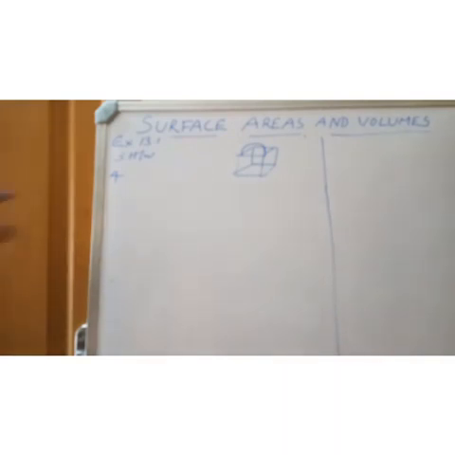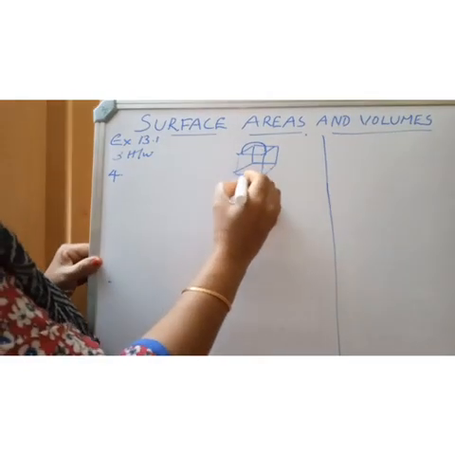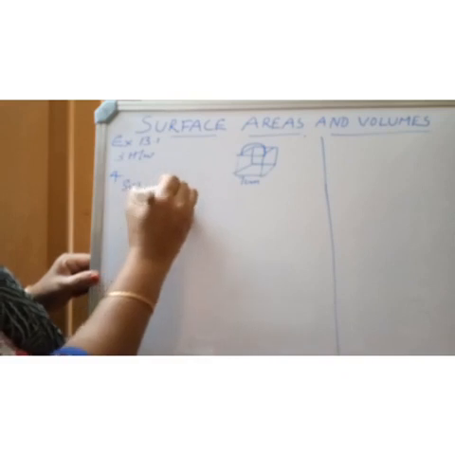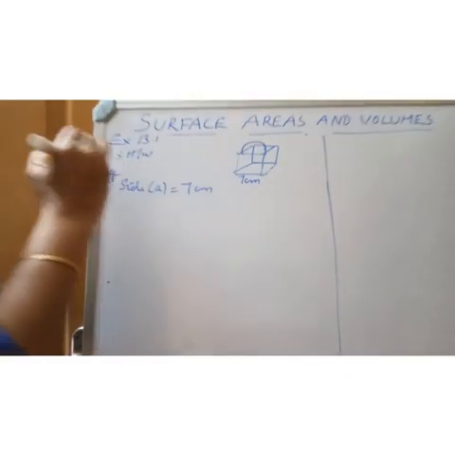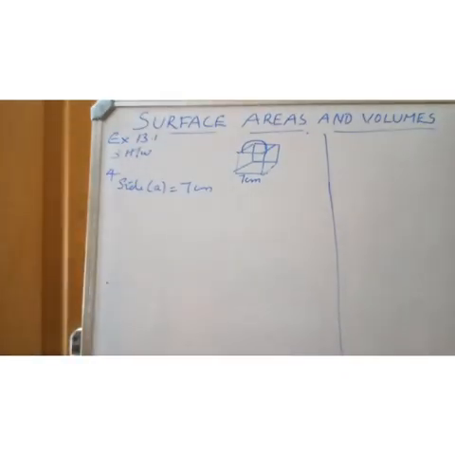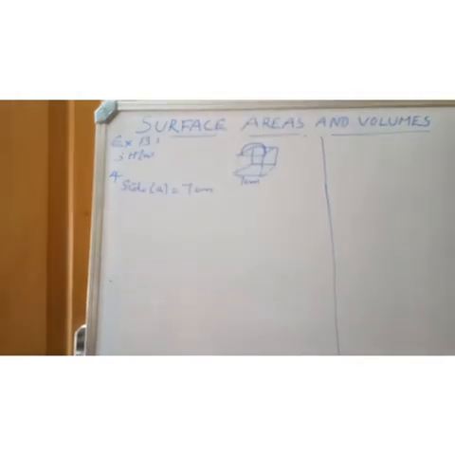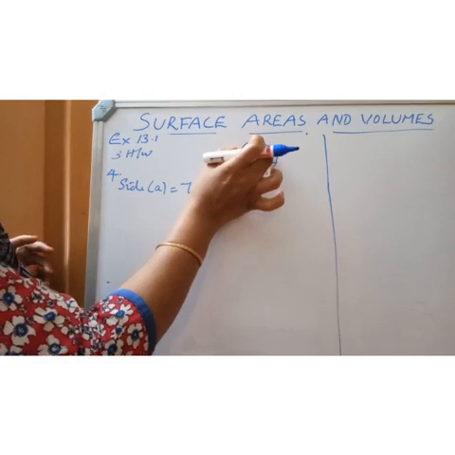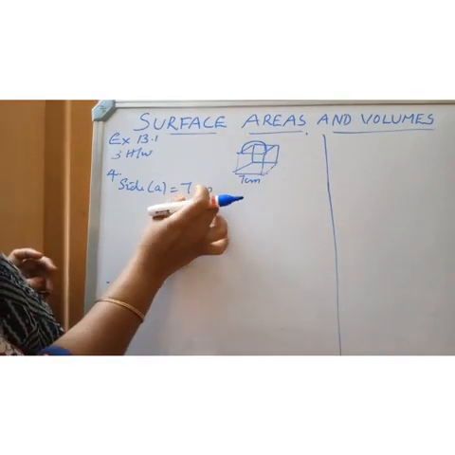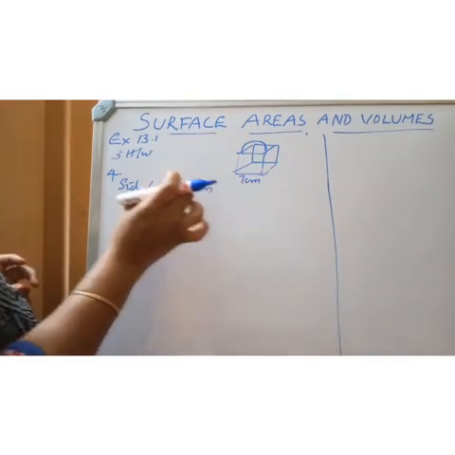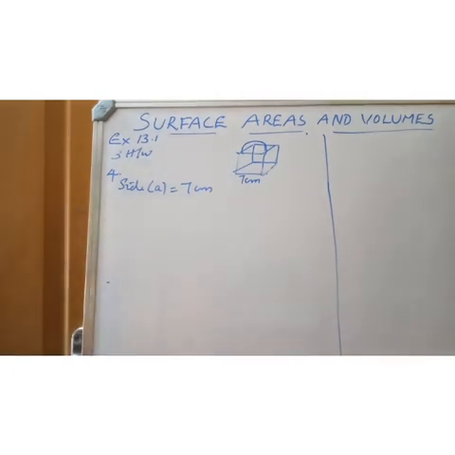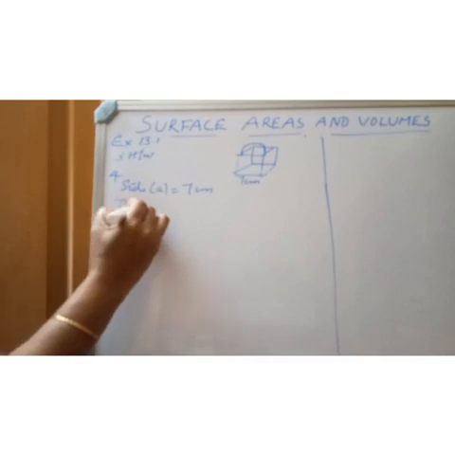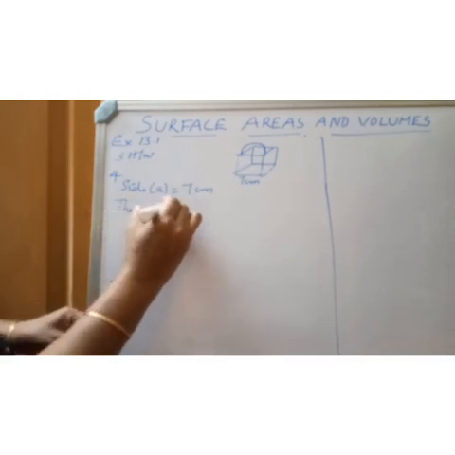What is the side of the cube they are given? Side of the cube is given as 7 centimeter. Side a of the cube they are given as 7 centimeter. So what will be the diameter of the hemisphere? Because it is surmounted on the cube, the diameter of this hemisphere is same as the side of the cube. Okay. So write side of the cube is equal to 7 centimeter. They ask you to find out what is the greatest diameter.